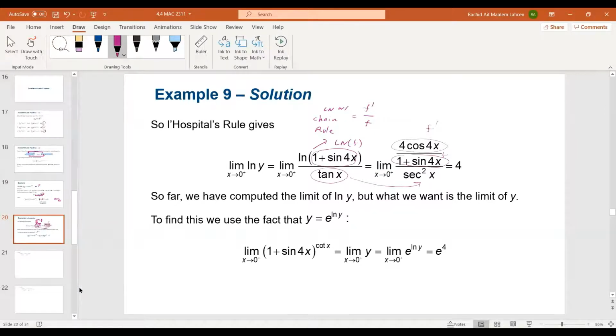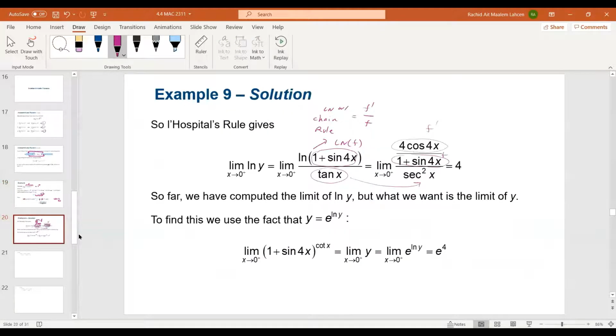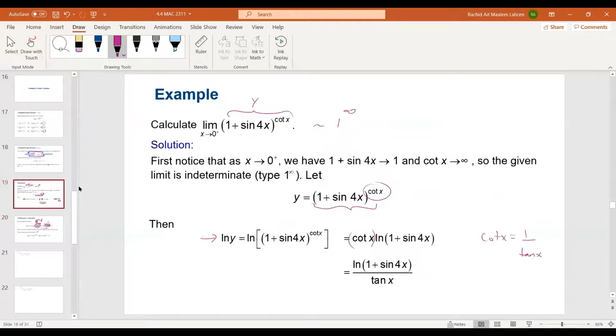As you see right now, we were given this, so we call this y, and to do that, we used ln y. So we need to go back to y. To go back to y, you can do 2 steps. Step 1, take ln.